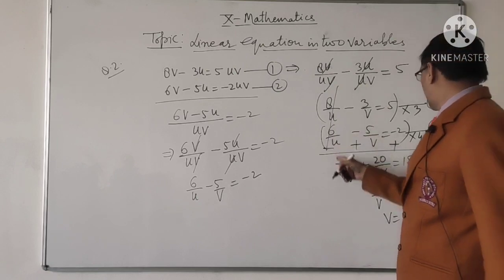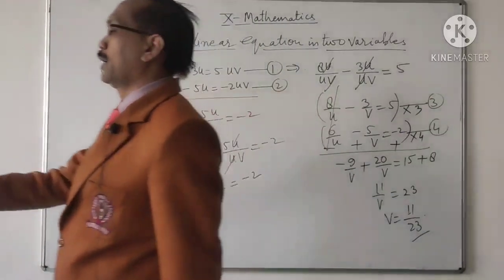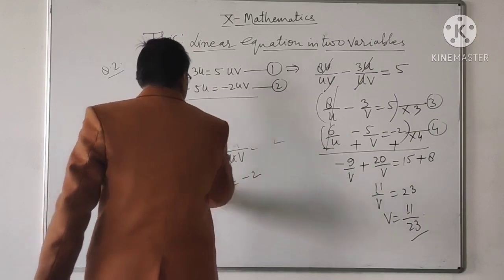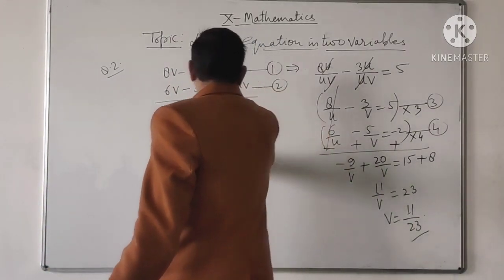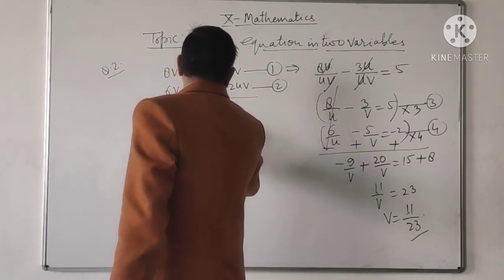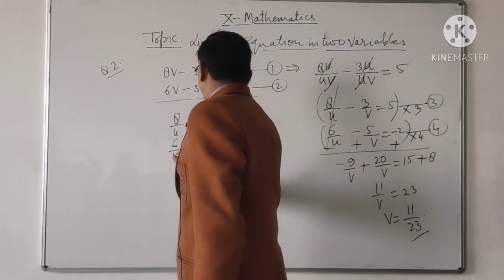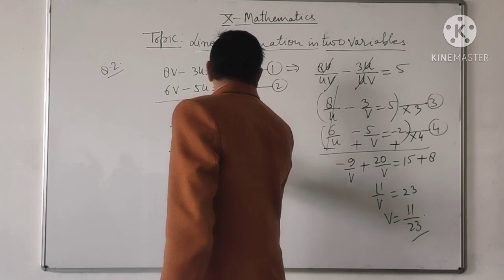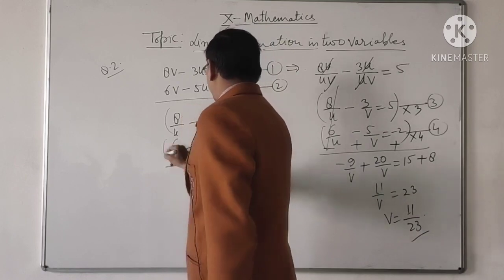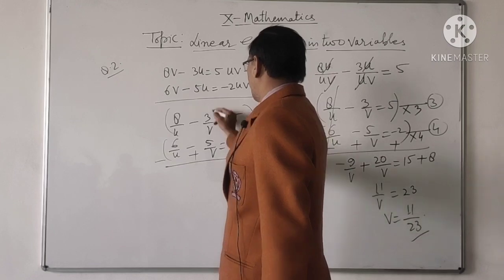Now, make the coefficient of v equal. So we will write the equations like that. It is 8 upon u minus 3 upon v equal to 5 and 6 upon u minus 5 upon v is minus 2. Multiply this equation by 5, this by 3, then subtract: minus, plus, plus is cancelled.